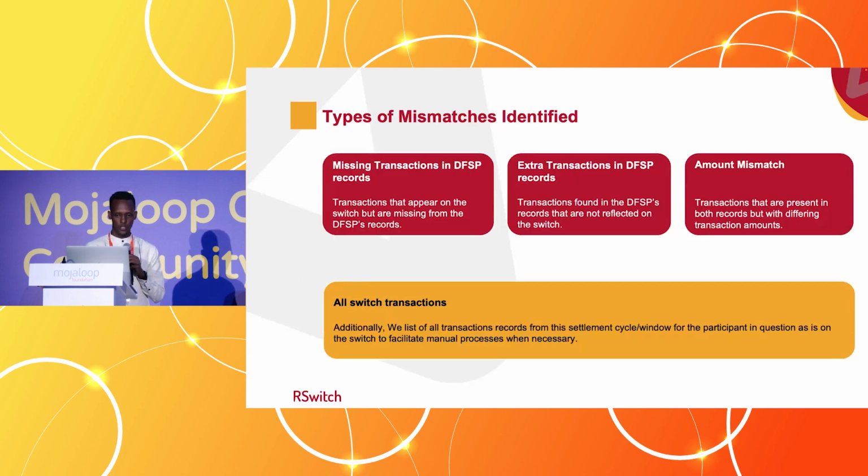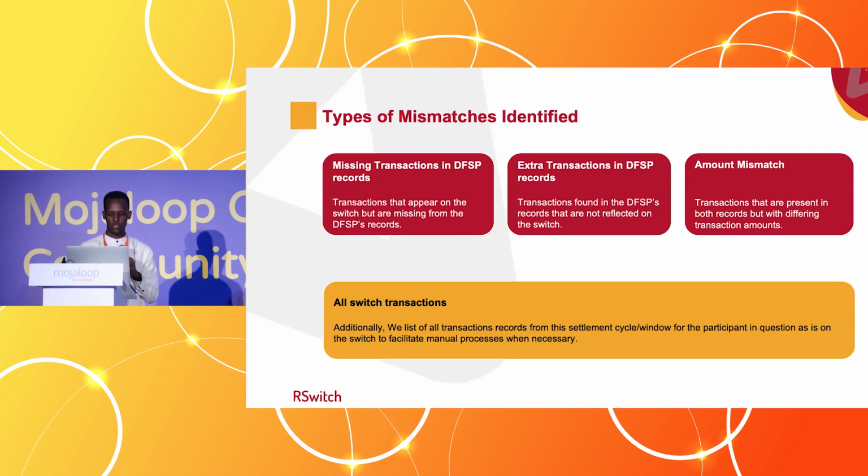We have three types of mismatches implemented. The first are mismatches that appear on the DFSP but are not on the switch. The second type are transactions that are on the switch but are not available on the DFSP.